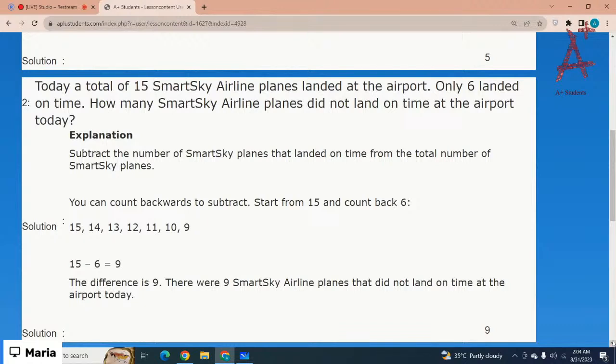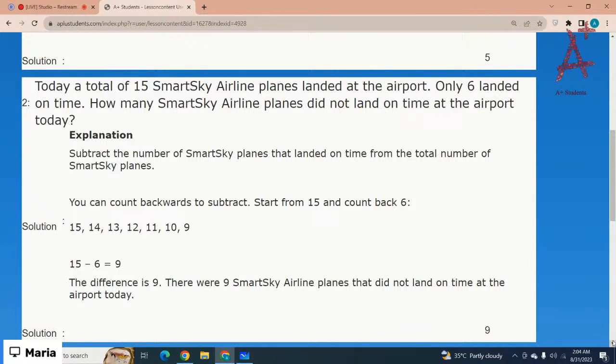The total planes are 15, and just 6 landed on time. You have to see how many of them did not land on time. So now you have to subtract: 15 take away 6.